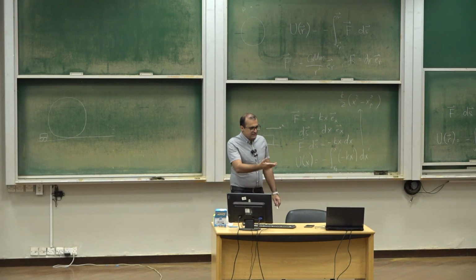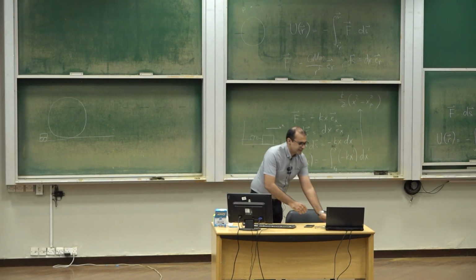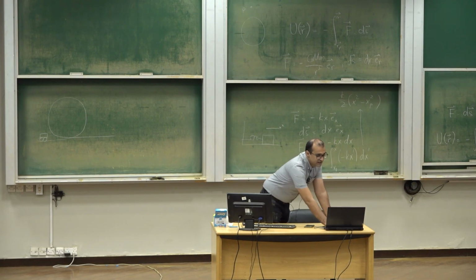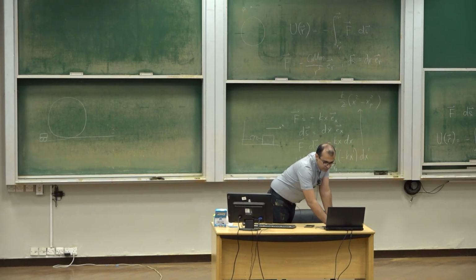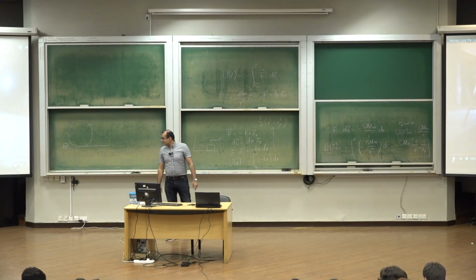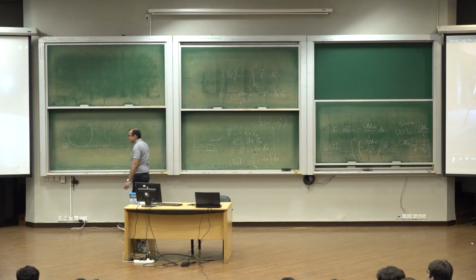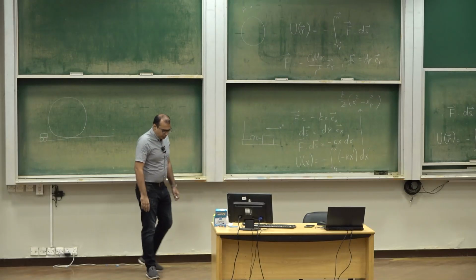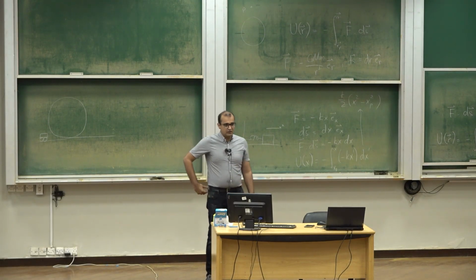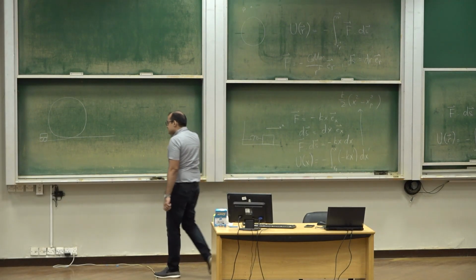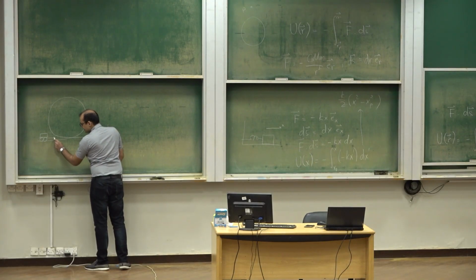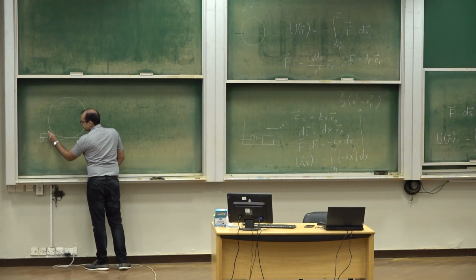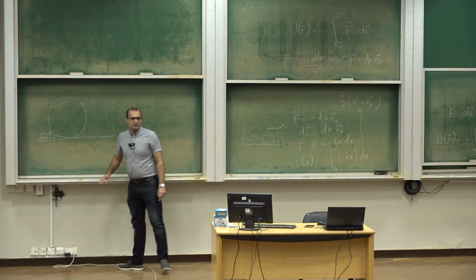Basically, this guy is doing exactly the same thing, except that instead of a toy car, you have an actual human being. So the question is, how much speed should your toy car have such that it completes the loop? How much speed at the bottom should it have so that it completes the loop? Let's say that the speed at the bottom is v naught.